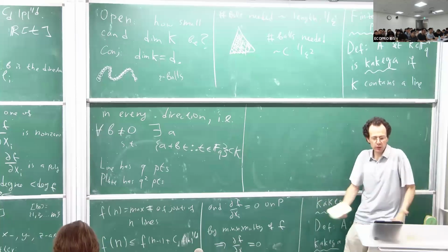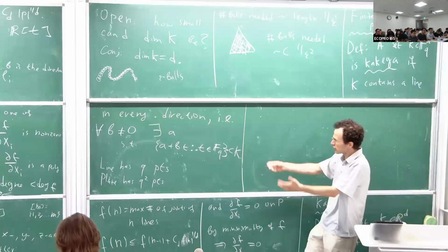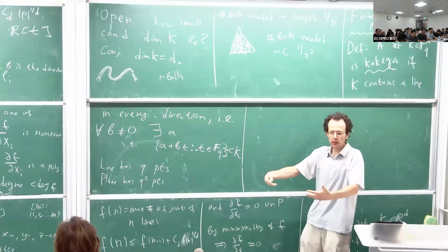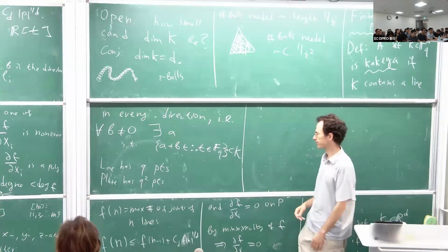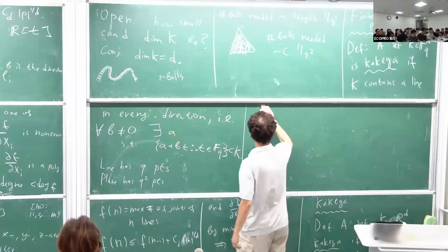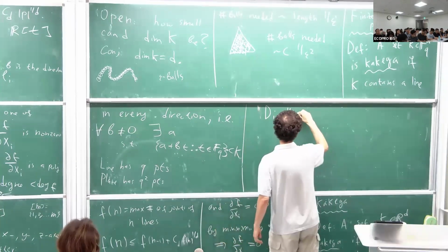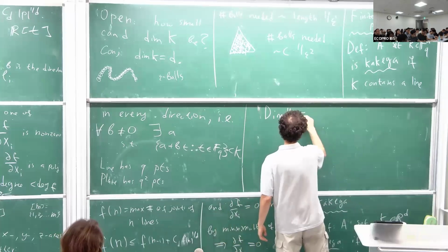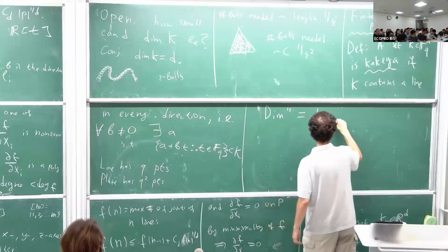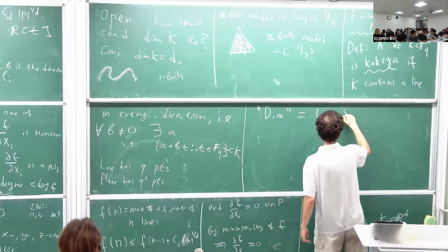So it's natural to think of dimension basically as the logarithm of the cardinality of the set. Okay, so I'll put it in quotes. So dimension is the logarithm base q of the cardinality.